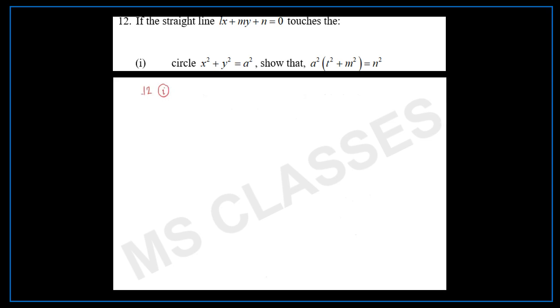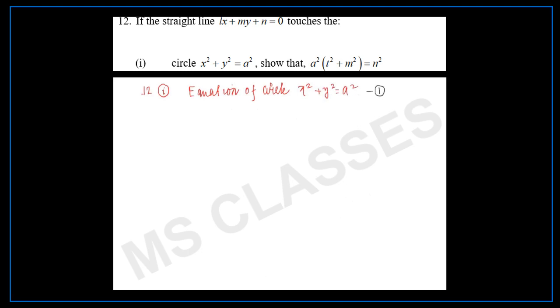Equation of circle: x square plus y square equal to a square. We mark this as equation 1. Now let's say the line touches the circle.